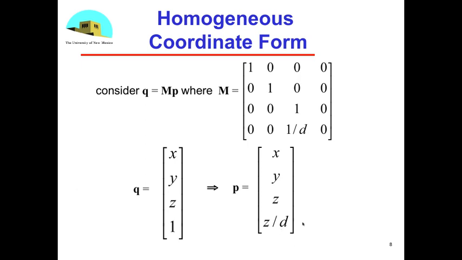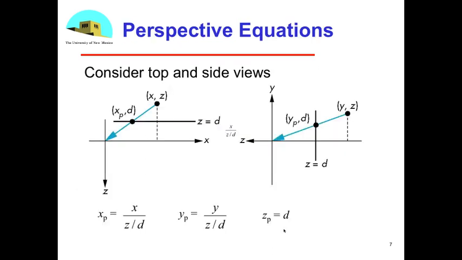That doesn't look familiar unless we do one trick. In homogeneous coordinates, the rule is that in order to go from 4 dimensions back to 3 dimensions, you divide by the w if it's not 0. So if I divide by this w, look what happens. x becomes x over z over d. That was the equation we just had over here.